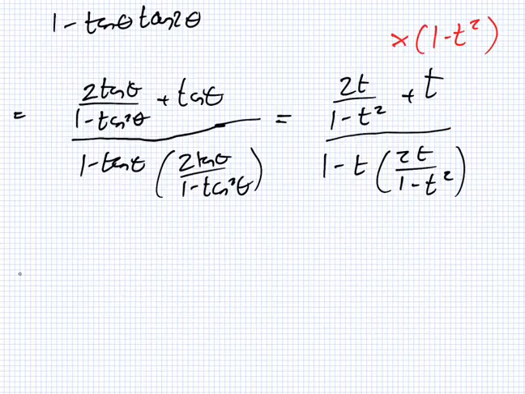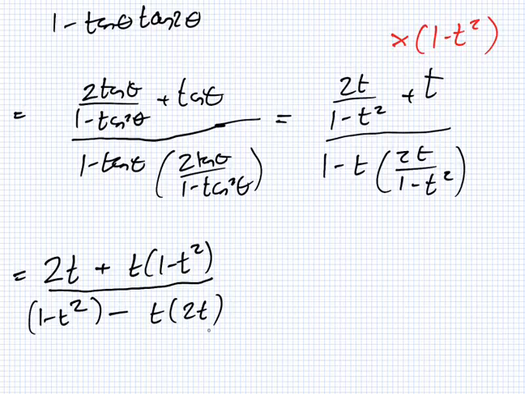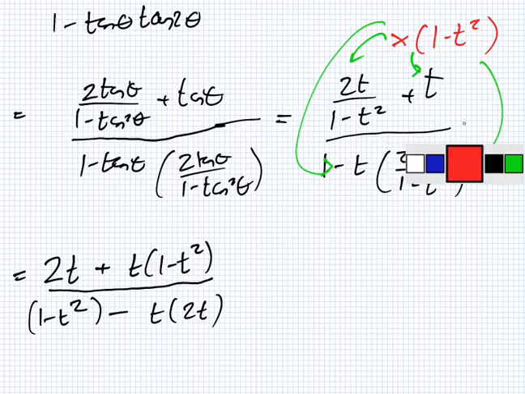So that means this will be 2t plus t times (1 minus t squared) over 1 minus t squared, minus t times 2t. So this here will multiply all 4 terms. So I'll multiply everything by 1 minus t squared. Yep, yes, yes, and yes.